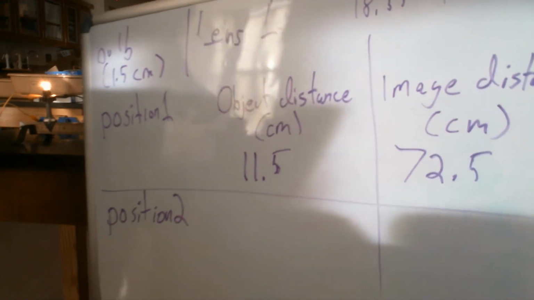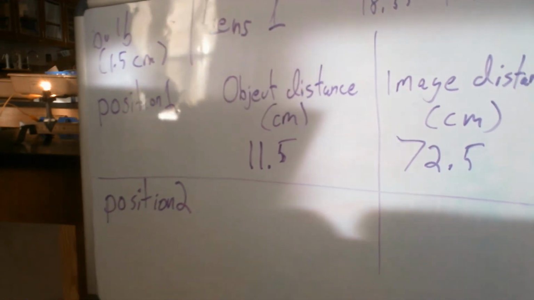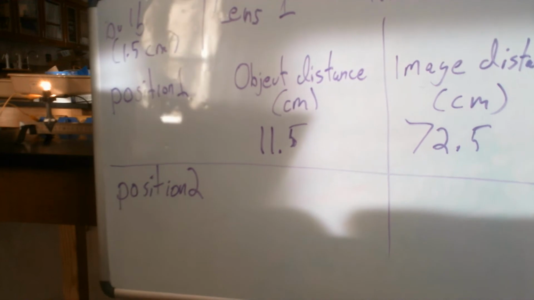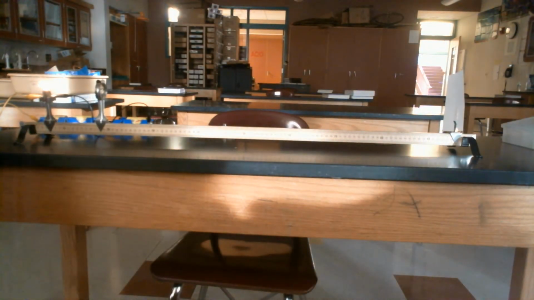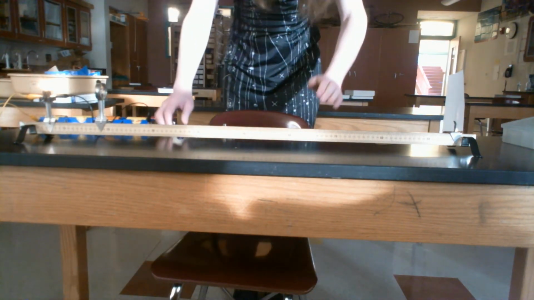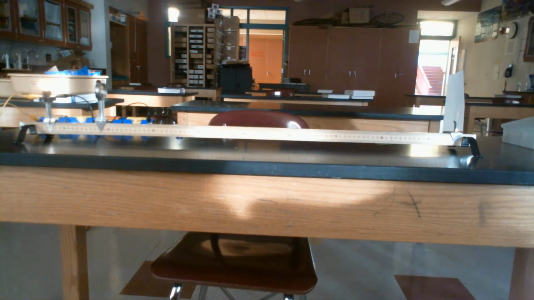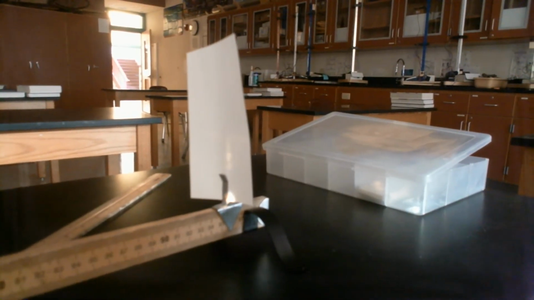But now I'm supposed to keep the screen in the same spot and move the lens to a different place, and see if I can get an image again. So let's take a close look at that screen again. And I shook the lens around here, so I'm going to need to adjust that again so that we can get a good view.